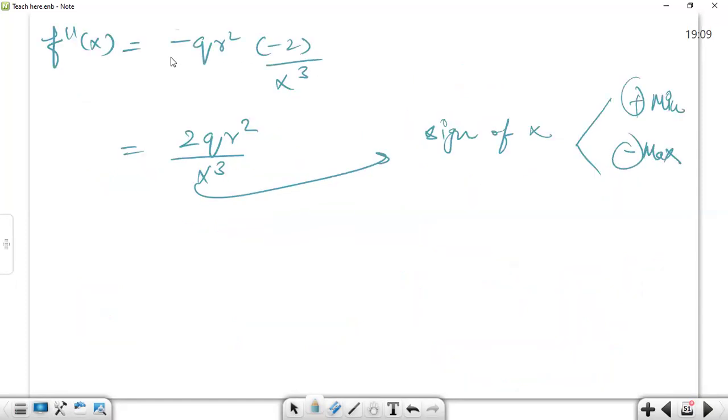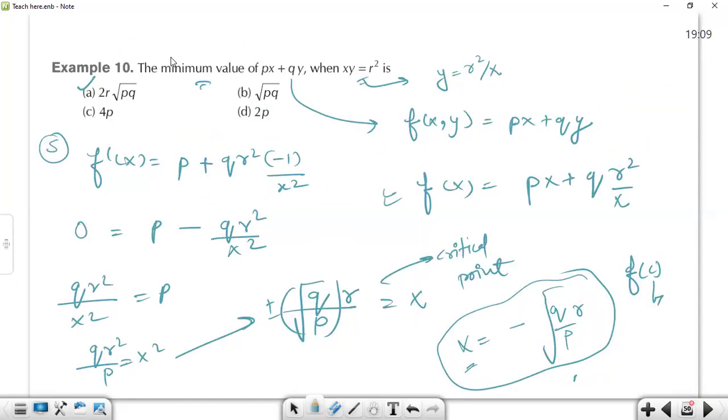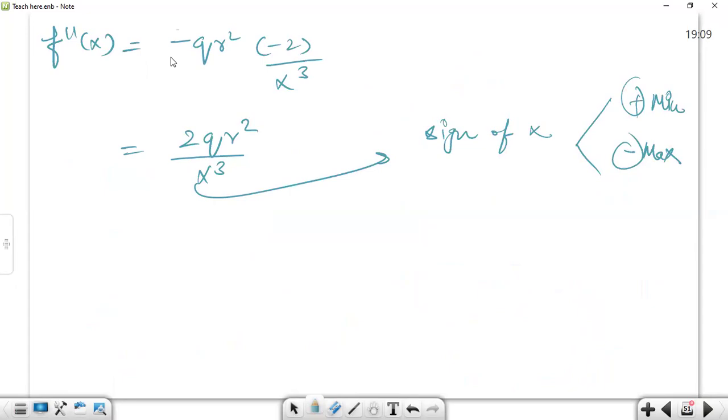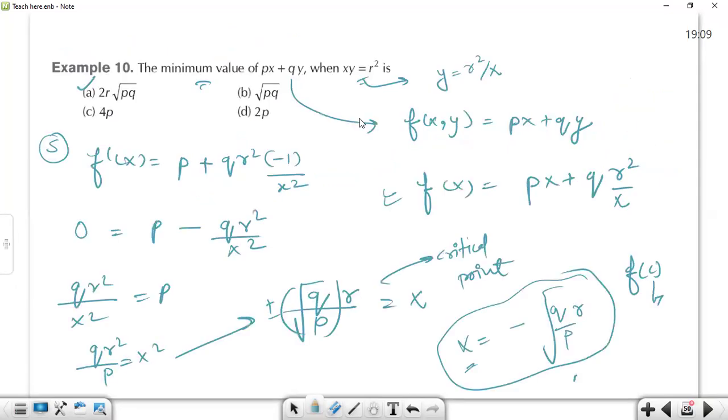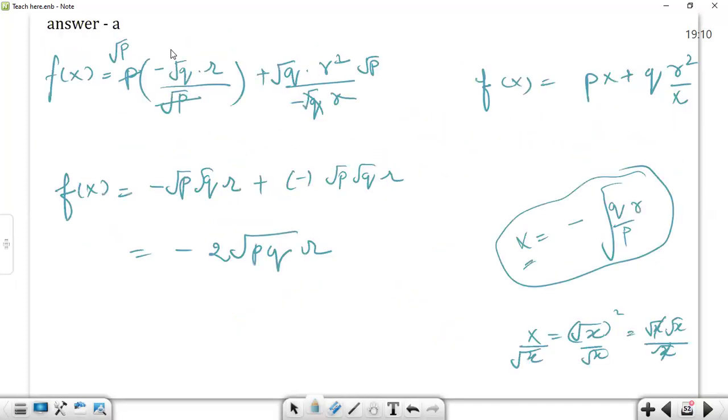Yes, q r squared into minus 1 into x raised to minus 2 minus 1 becomes x cube. So now the sign of x will determine whether it's going to be a minimum or maximum. I guess there's a mistake in the question also, because in the question it's not considered whether it's positive or negative. If you find any mistake in my solution, then you may correct me later. Otherwise, my final answer is this only.